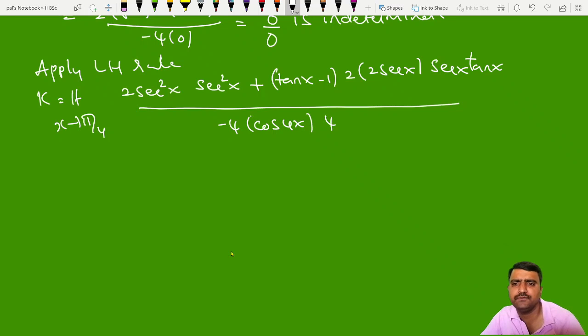Which is equal to, you see, in both the terms you can take 2 secant square x as a common factor. So limit x tends to pi by 4 into, otherwise you apply the limits directly. So not necessary to simplify this further.